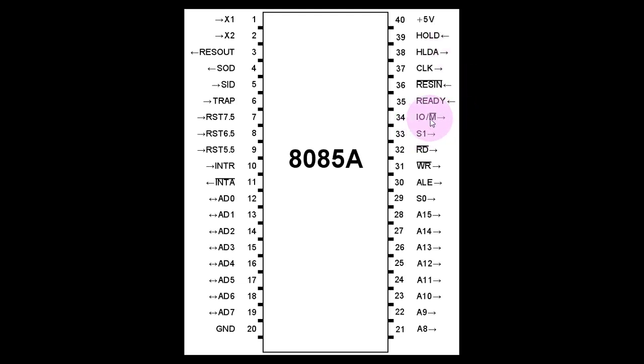Now this IO/M-bar pin is used to indicate whether your microprocessor is operating with the externally interfaced memory or with the externally interfaced input output device. That is, it can have a keyboard or some sort of input device, or it can have a monitor. So input output devices are also there, memory is also there. And mind you, all of the input output devices and memory devices have to be connected from AD0 to AD15. It's not that if you have connected memory to this, all of these signals are blocked.